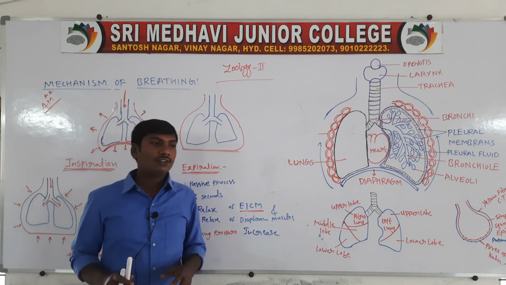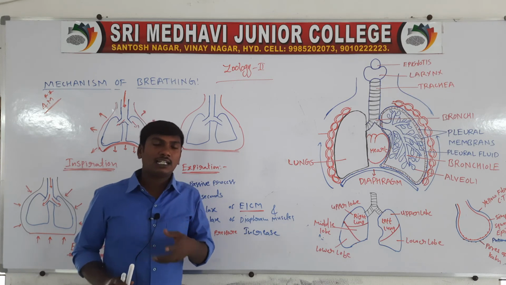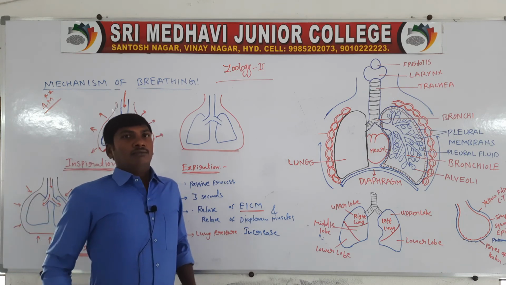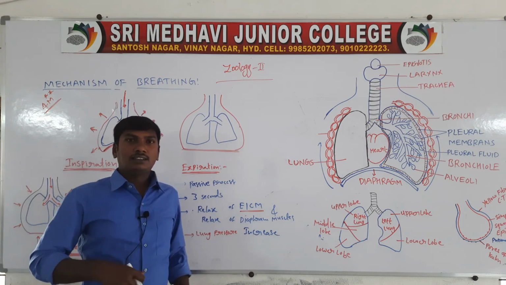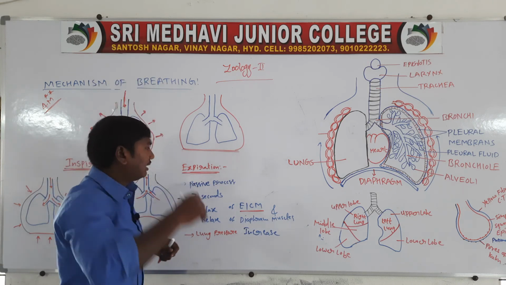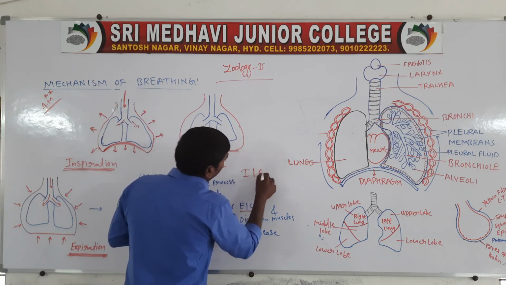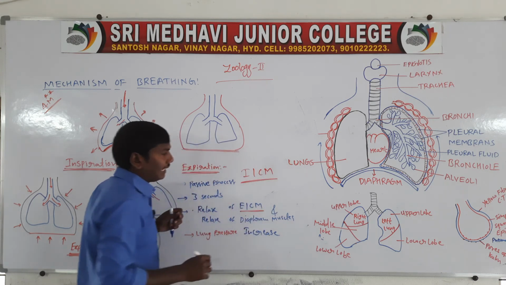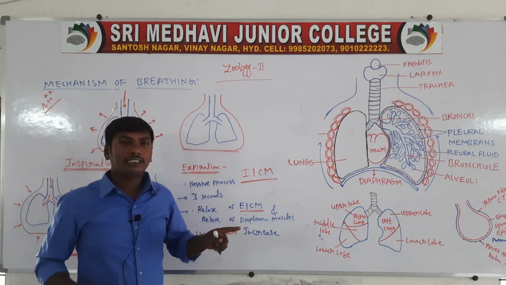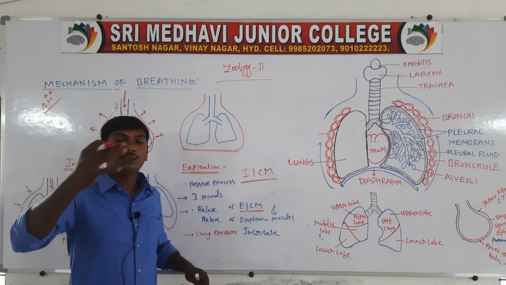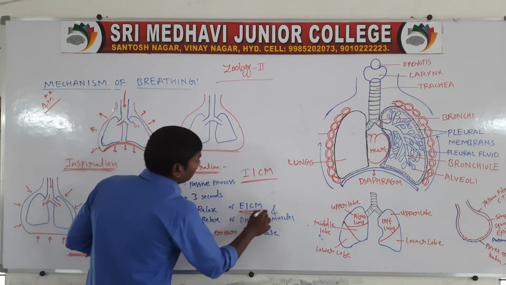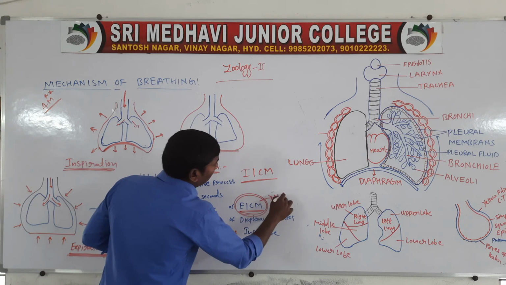Next, forced respiration. In forced inspiration and forced expiration, help comes from the internal intercostal muscles, through their contraction and relaxation. In normal respiration, help comes from the external intercostal muscles.